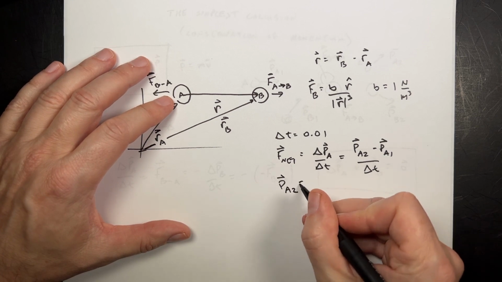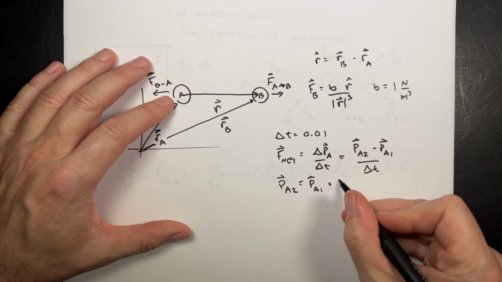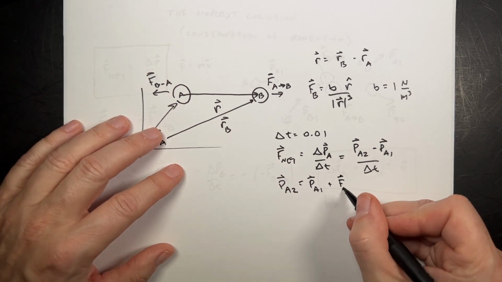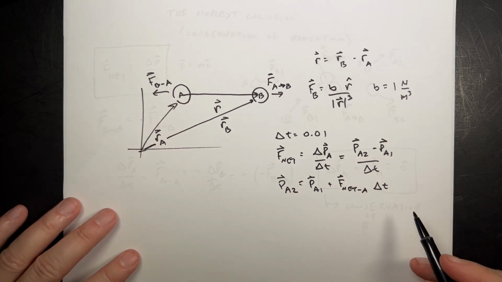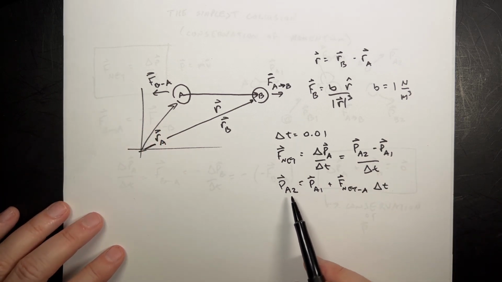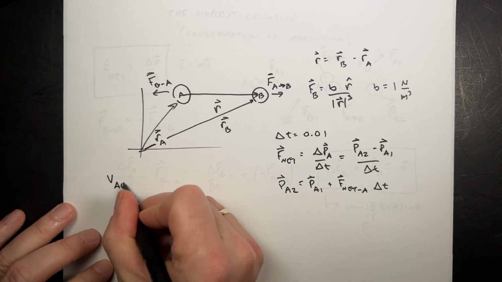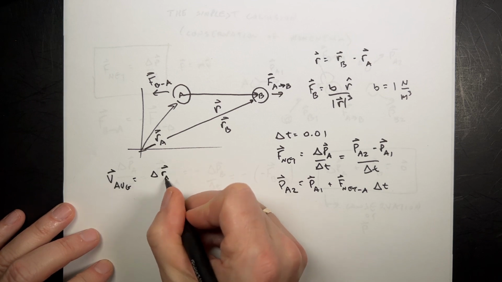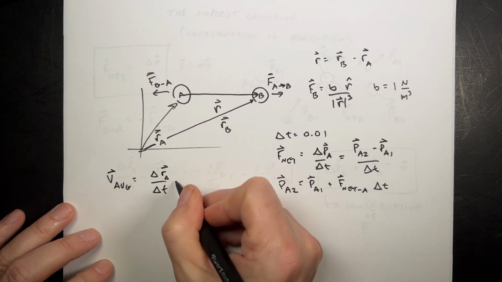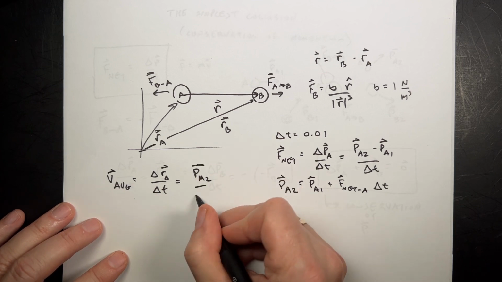PA2 is equal to PA1 plus F net, which I'm going to calculate, F net A delta t. So at the end of the time interval, I can find the new momentum. Now I can say V average is delta R A over delta t. And let's say that's equal to PA2 over M2.